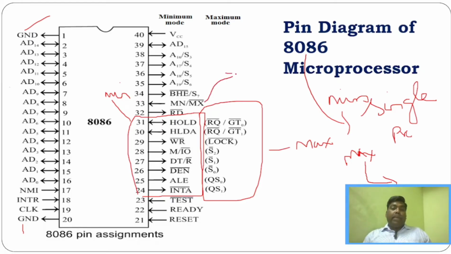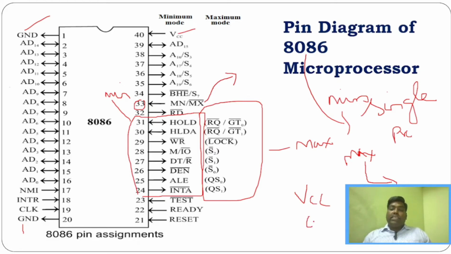When the 8086 will act in minimum mode and when in maximum mode is decided by this particular pin number 33, where you can see MN/MX. Whenever this particular pin is connected to VCC, that is the power supply, the microprocessor 8086 will work in minimum mode.